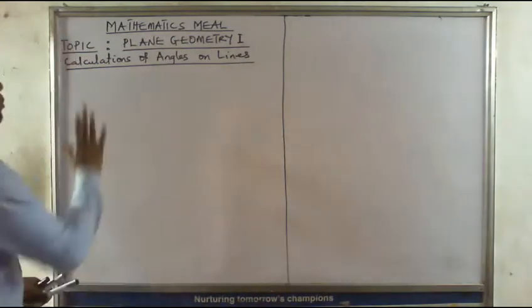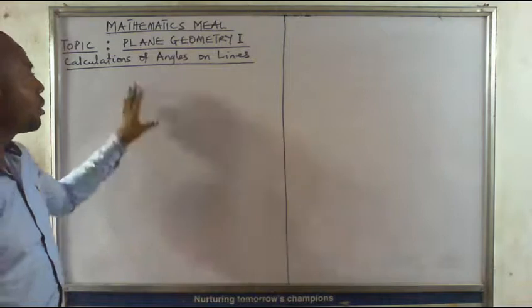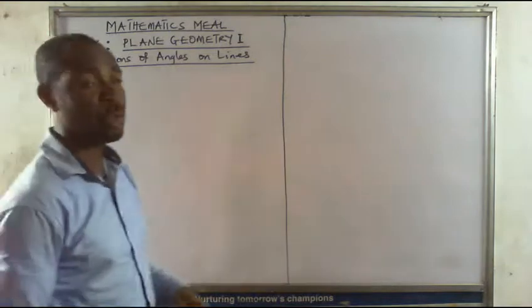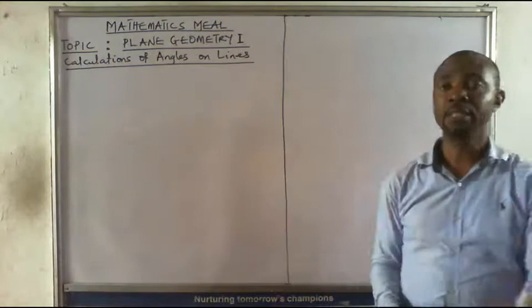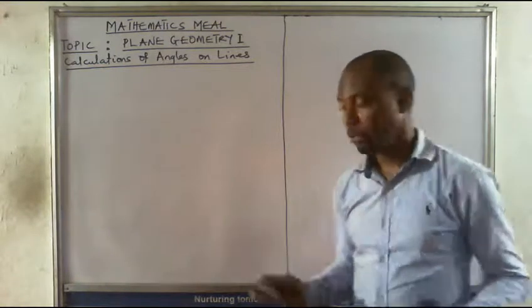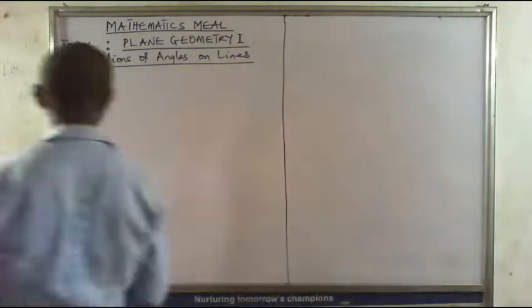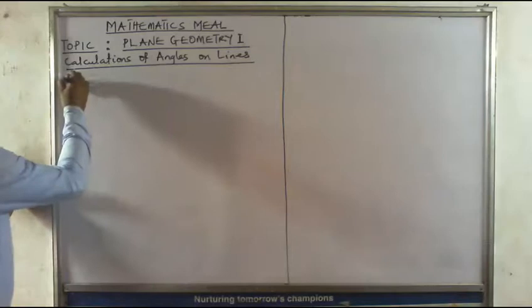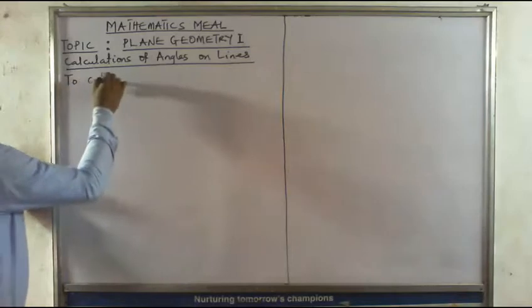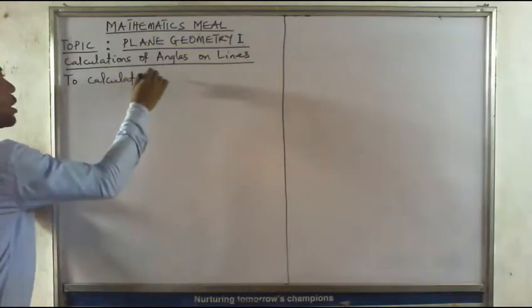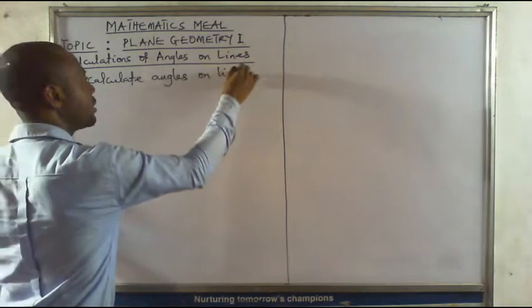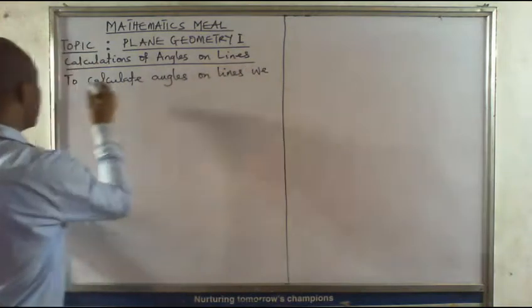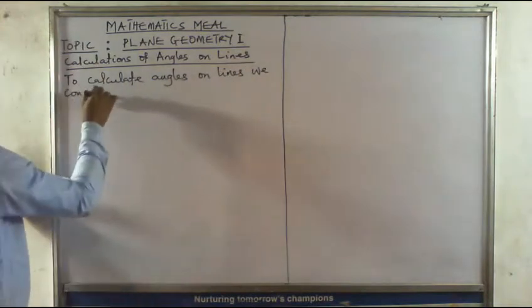All right. Let's look at the basic points that we need to consider before we can begin the calculation proper. So we say it this way. To calculate angles on lines, we consider the following.